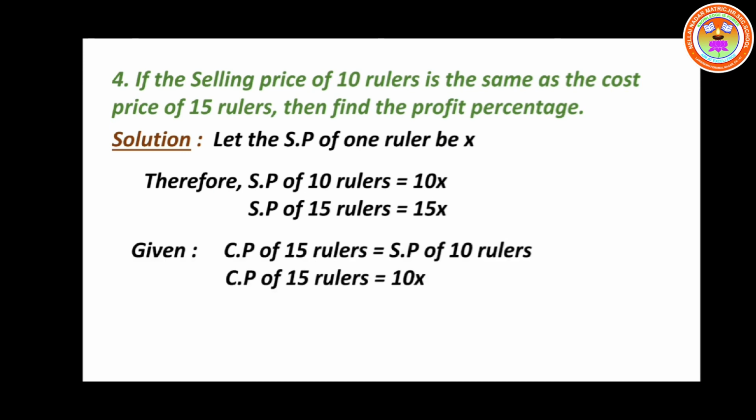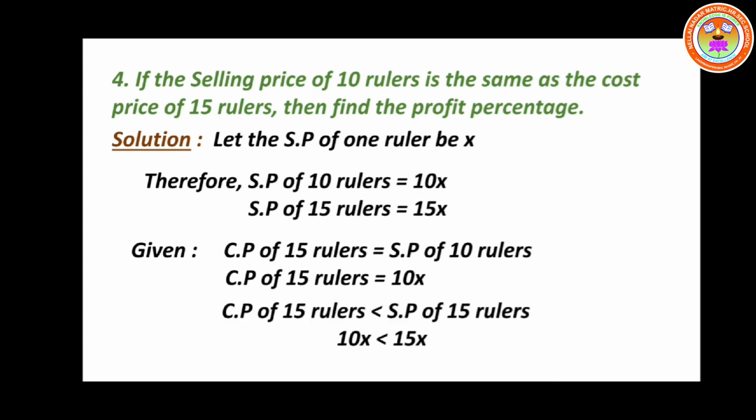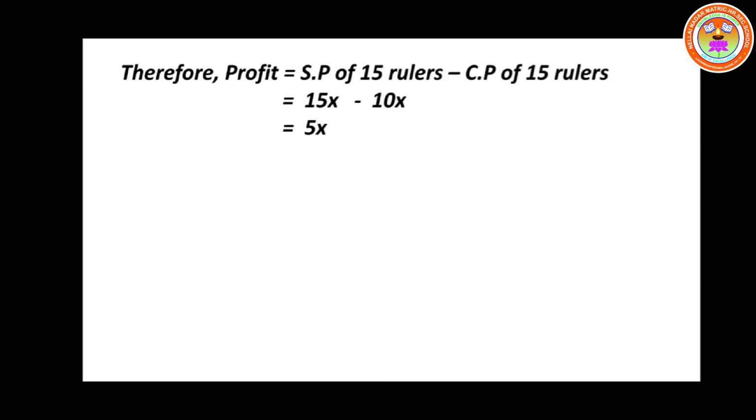Cost price of 15 rulers equals selling price of 10 rulers, so cost price of 15 rulers is 10x. Now the cost price of 15 rulers, 10x, is less than the selling price of 15 rulers, 15x. Therefore, it is a profit. Profit is equal to selling price of 15 rulers minus cost price of 15 rulers, so 15x minus 10x is equal to 5x.